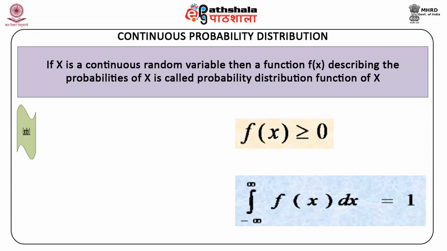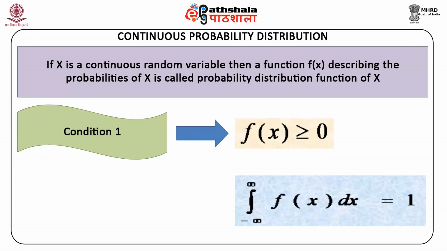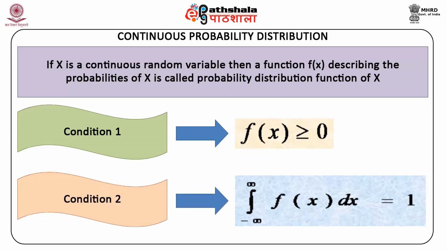The first of these two conditions states that for f(x) to be a probability density, it must have non-negative values throughout the range of x. The second condition requires that the sum of the probability elements f(x) over the entire range of x is 1.